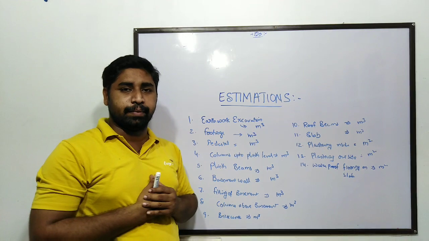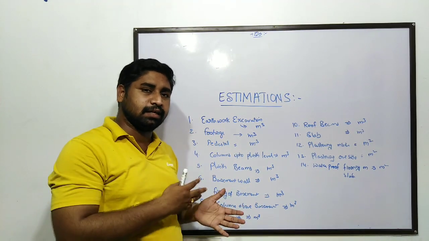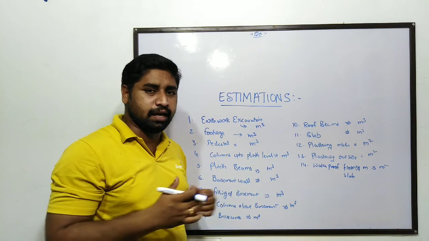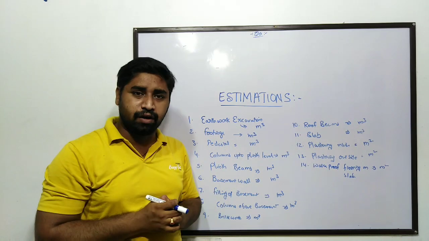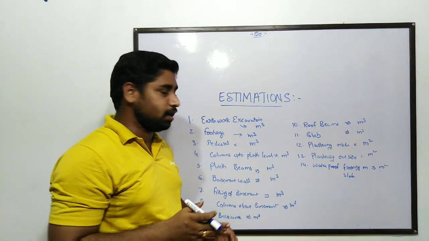Whereas if it is square meters, it involves only length and breadth, or length and width, which are the surface area calculations.